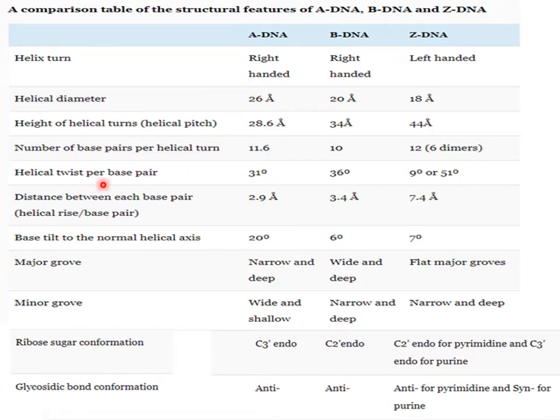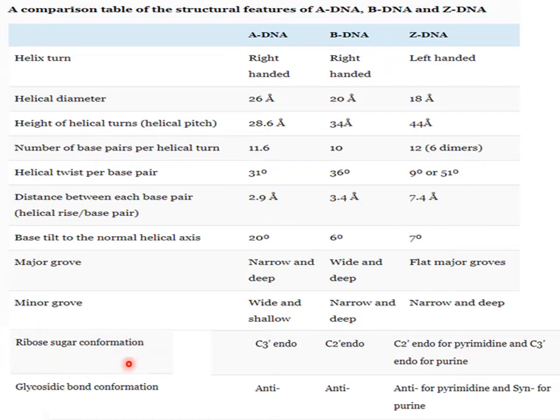Then the helical twist per base pair, that will ultimately lead to the helical structure of the molecule. Then the distance between each base pair, that is helical rise per base pair. The base tilt to the normal helix. Then the dimensions of the major groove and the minor groove.